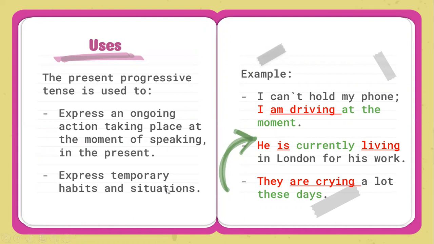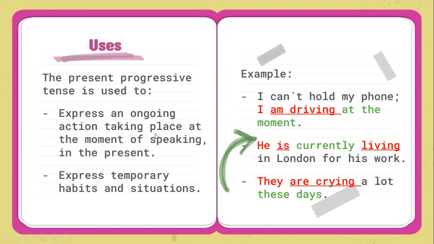That's a temporary situation. Or for a temporary habit, for example, you could say, they are crying a lot these days. This is a habit that's taking place in the present and still taking place, not necessarily at the moment of speaking, but in general. These days, in the present, this habit is going on, which is they are crying, or here, this situation, he is living.